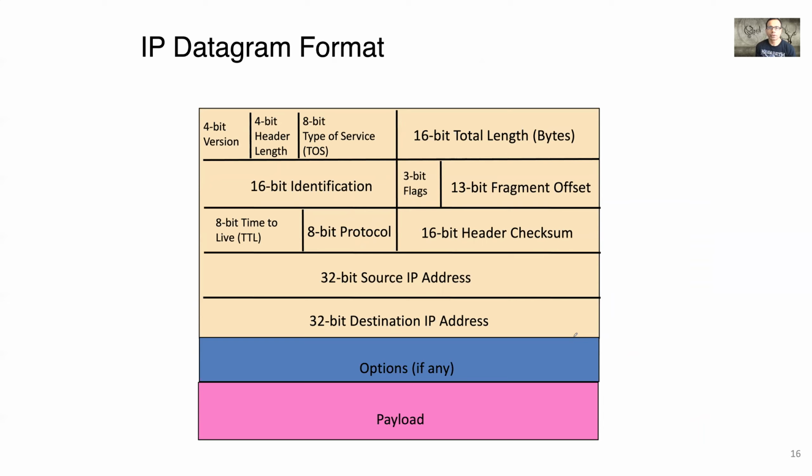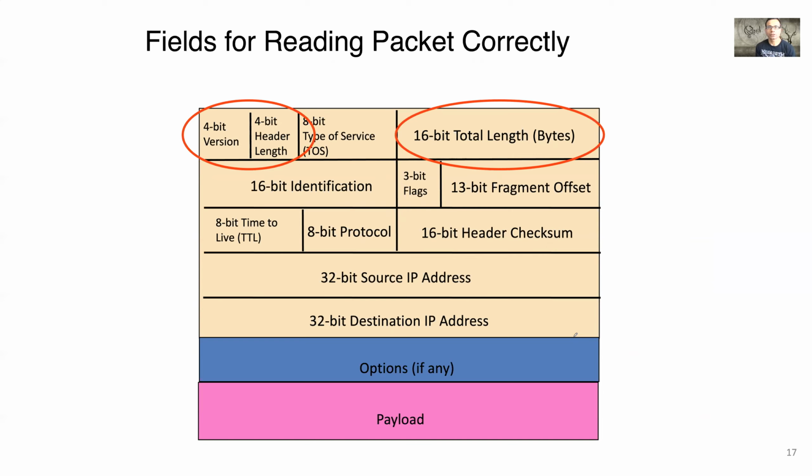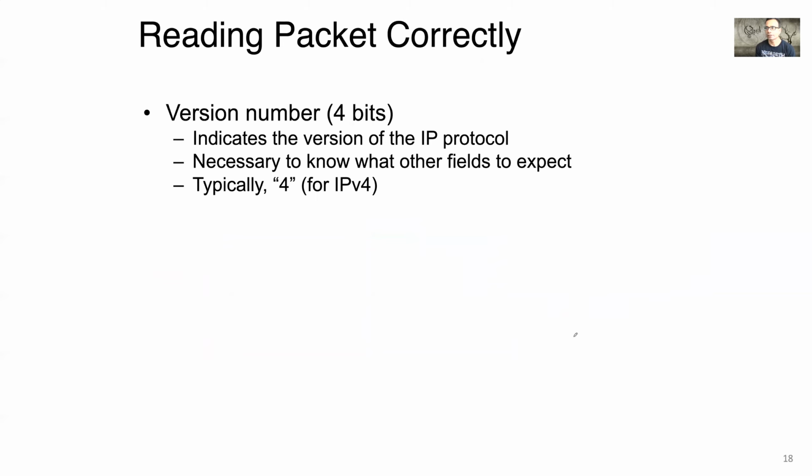So let's start by looking at the datagram format, and we'll walk through this and explain the semantics of the various fields, right? So first up, we'll focus on the fields for reading the packet correctly. So those are the three fields that you see circled. So the first field is the version. So this indicates what version of IP protocol is used.